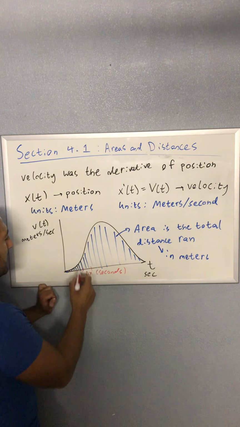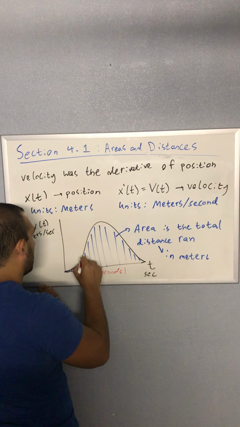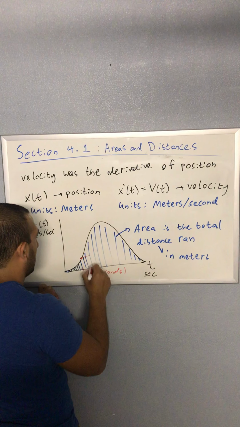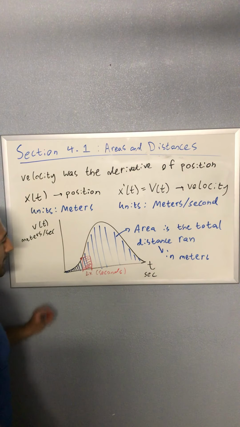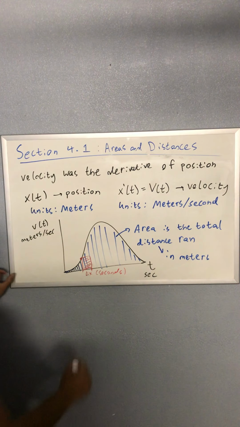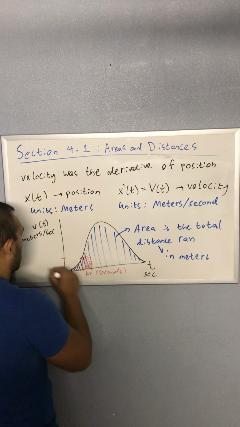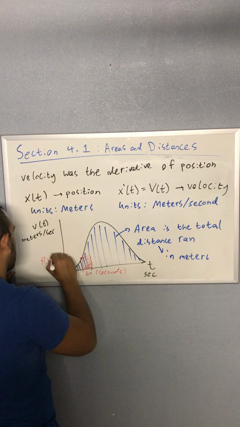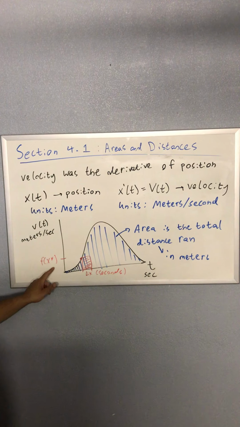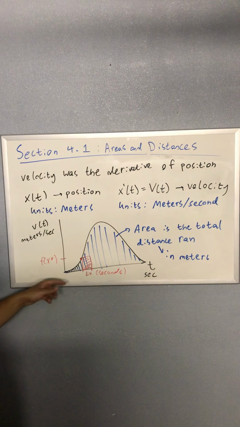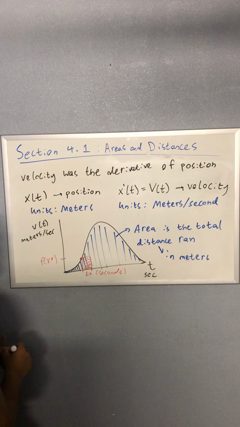And remember, we invariably took some sample point. Let's just say we take the left endpoint, to get this little rectangle area. Well, the height here is in meters per second, so let's just say this is f of x sub star. So what happens when we multiply these?